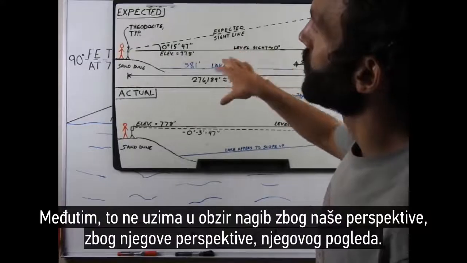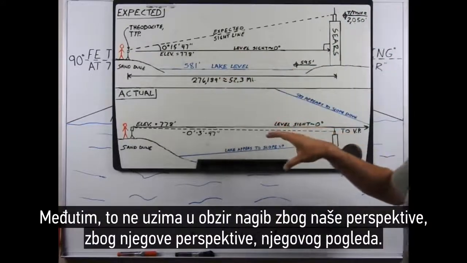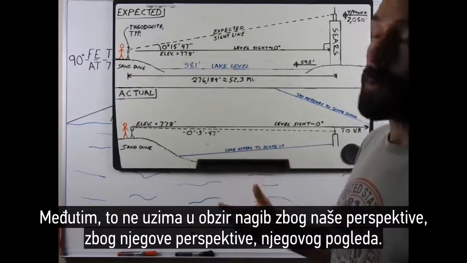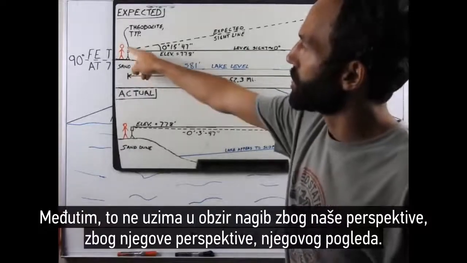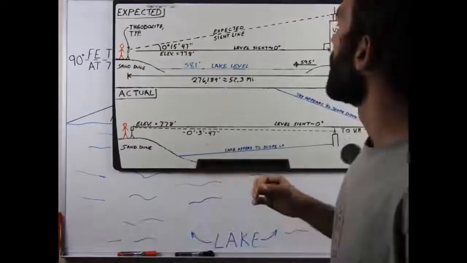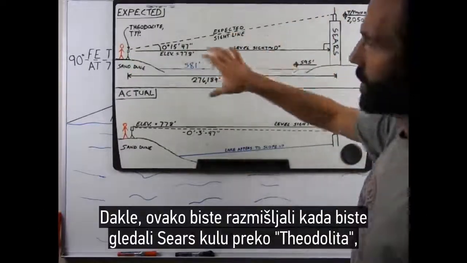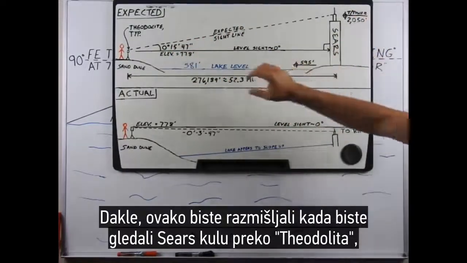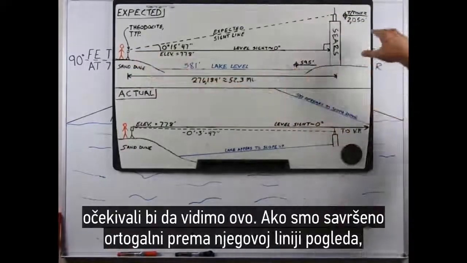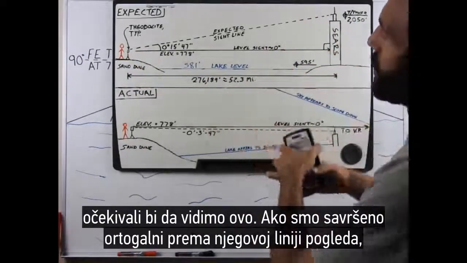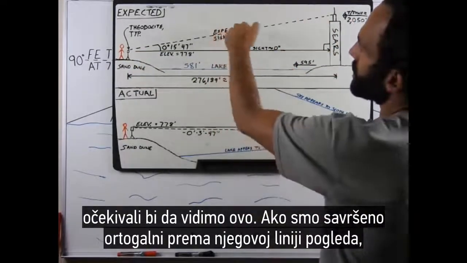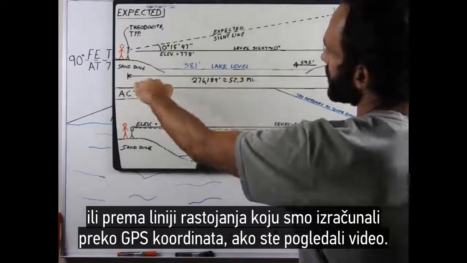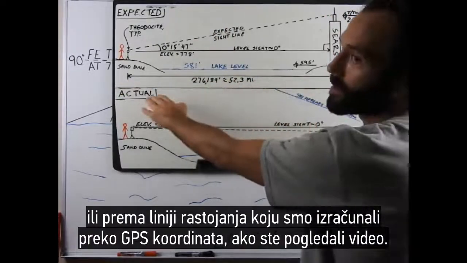But that doesn't account for all of the sloping effects due to our perspective, due to Red Pill World's perspective, due to his eye. This is what you would think about if we could see the Sears Tower and the theodolite. We would expect to see this if we were perfectly perpendicular to his sight line, or to this distance that was calculated with GPS coordinates.